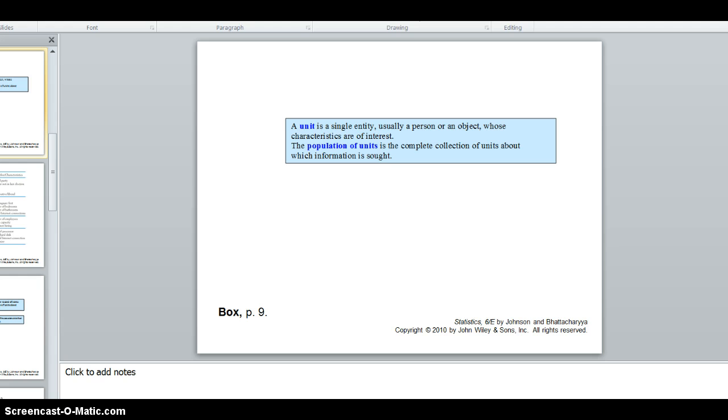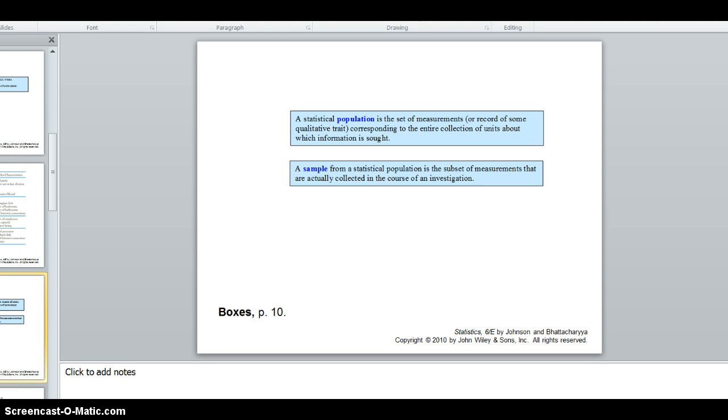So usually it's one person or an object. The population of units will be everybody, the collection, the set of everybody. But statistical population is different from population of units. Statistical population, usually it's the responses you get from the population of units.